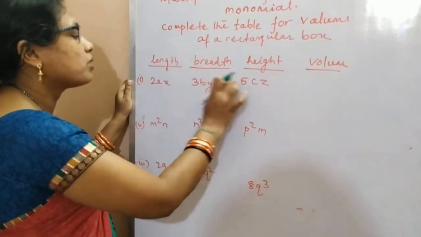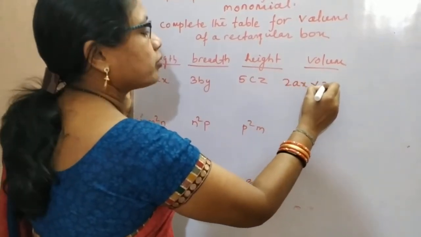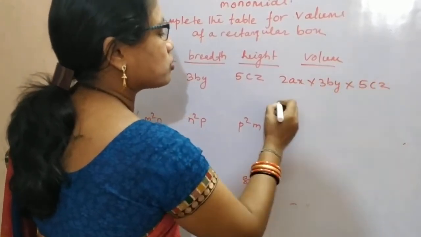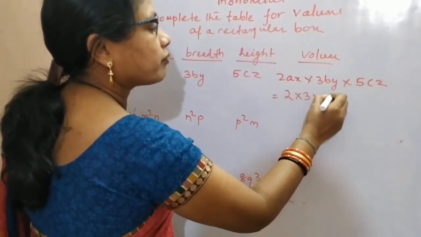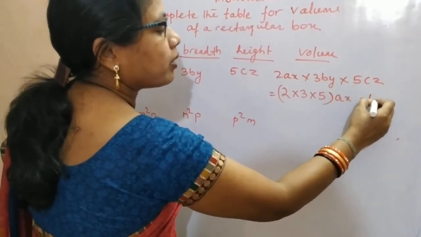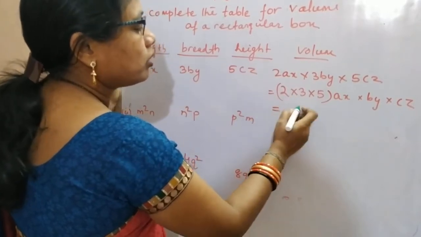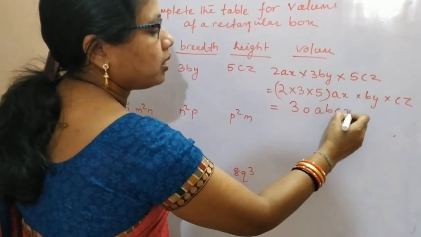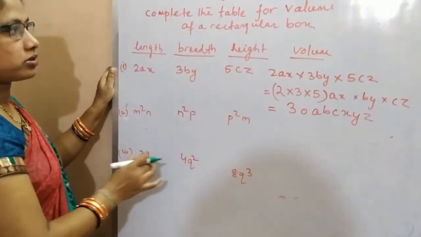So volume is, we have to multiply. So 2ax multiplied with 3by multiplied with 5cz. So this is equal to 2 multiplied with 3 multiplied with 5. Then ax multiplied with by multiplied with cz. So this is equal to 30 abcxyz. So this is the volume of the first rectangular box.